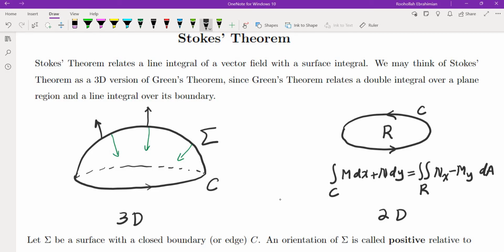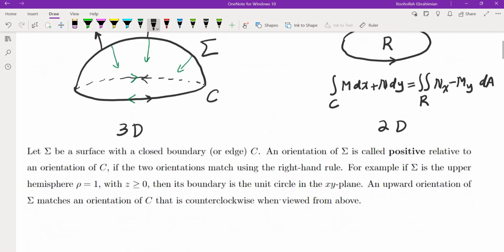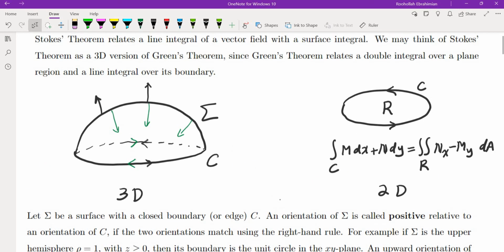So if you look at this orientation of C, that matches the upward orientation of sigma pointing upwards. The other orientation, downwards for sigma, would match this orientation of C. So these are matching orientations. We say these are positive orientations. So the green ones are positive orientations and the black ones are also positive orientations. Positive orientation is in relation to another orientation in this case.